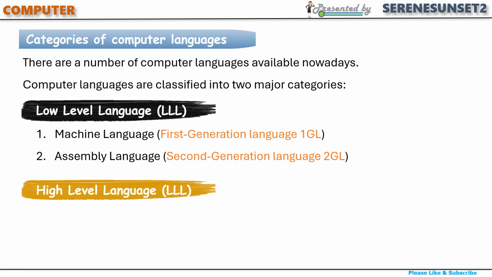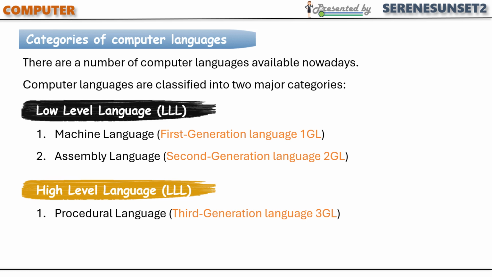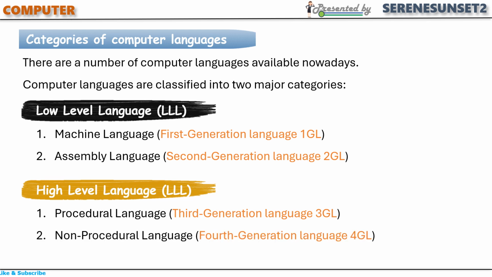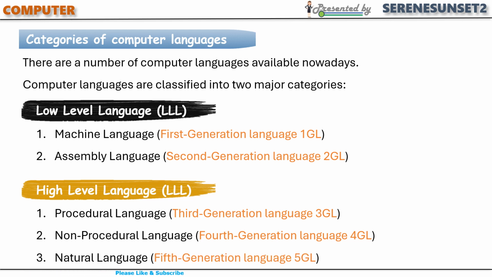High level languages: first, procedural language, third generation language, 3GL; second, non-procedural language, fourth generation language, 4GL; third, natural language, fifth generation language, 5GL.